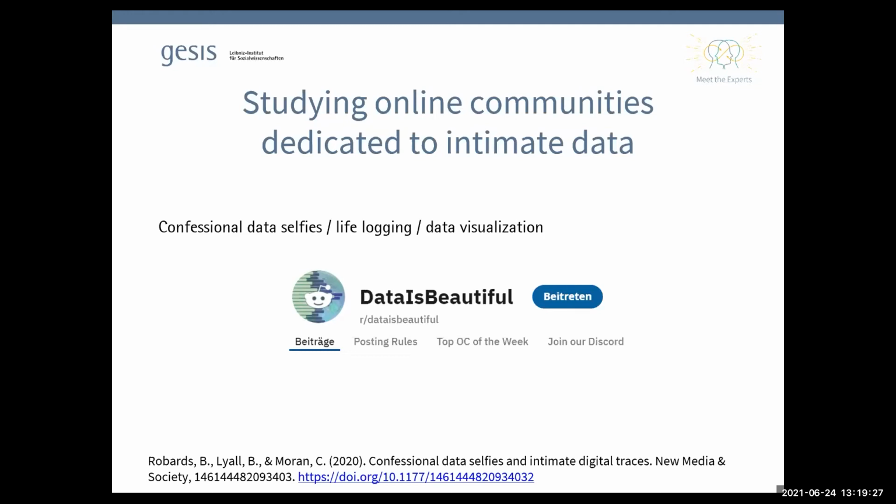So data presentations shared by the Reddit users about aspects of their life, such as sleep patterns, how they used online dating for a while. There's also a case of someone tracking the sleep patterns of their kids, for example. Someone recording every minute of their day in an audio file and sharing that with the community.